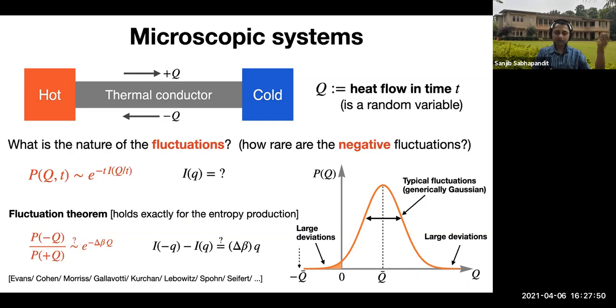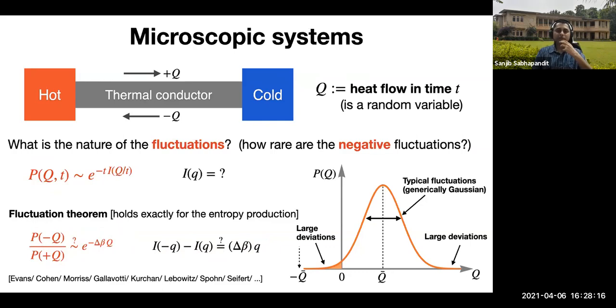If this P follows the fluctuation theorem, it says that the negative fluctuations are related to the positive fluctuations by this relation. So it's exponentially rare compared to the positive fluctuation. This relation you can also write in terms of the large deviation. So this is a large deviation statement of this relation, basically the symmetry relation of the large deviation function.